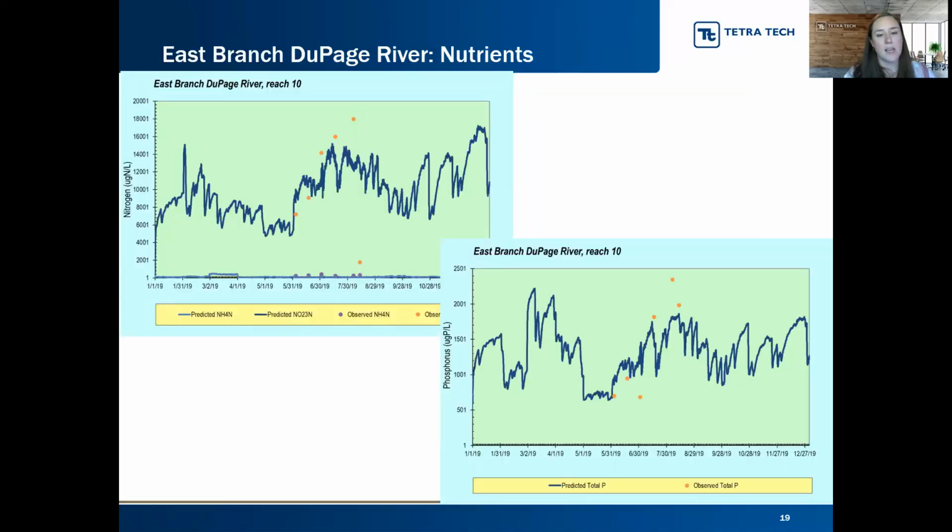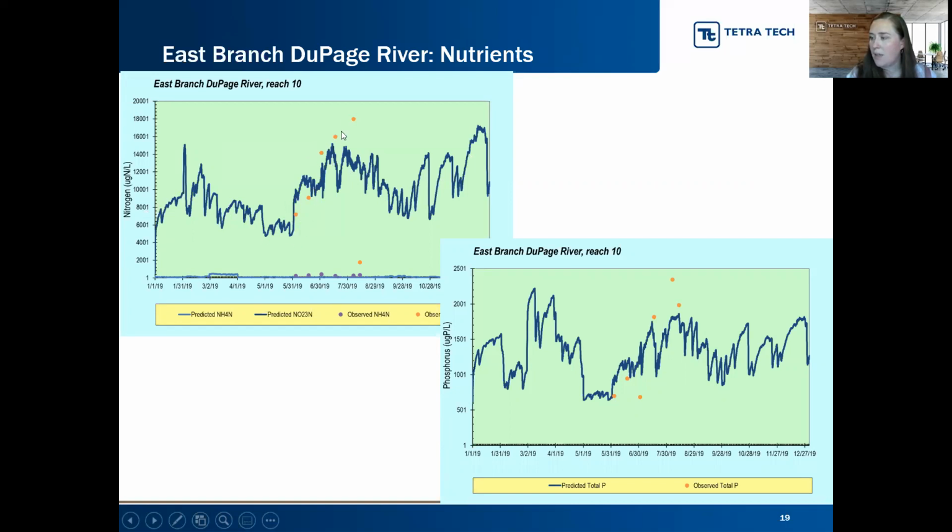Okay, and then after looking at water temperature, we can start looking at nutrients. Now, what we're looking at here on the left is different species of nitrogen, and on the right is total phosphorus. So the blue lines, again, are model output, the simulation of these parameters, this is nitrate and nitrogen, relative to observations.